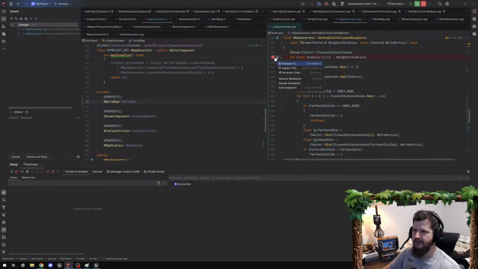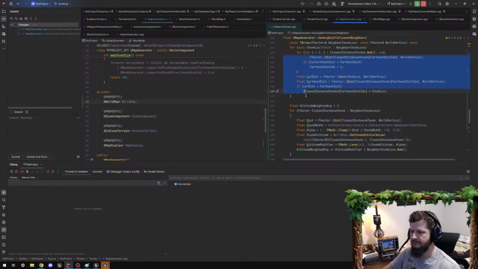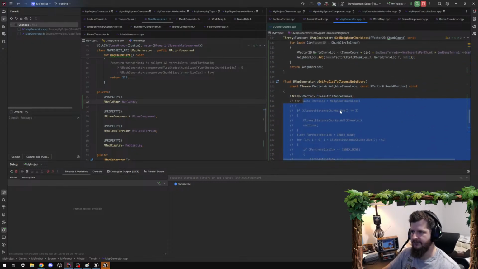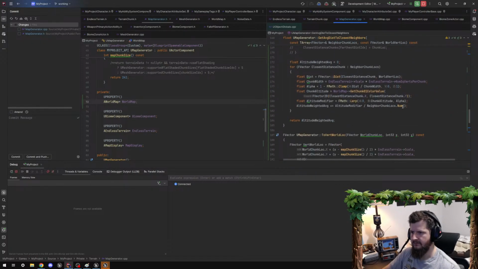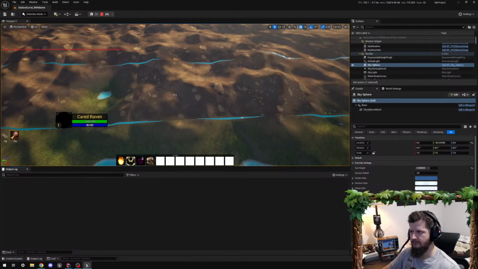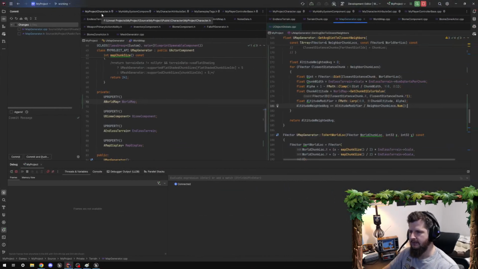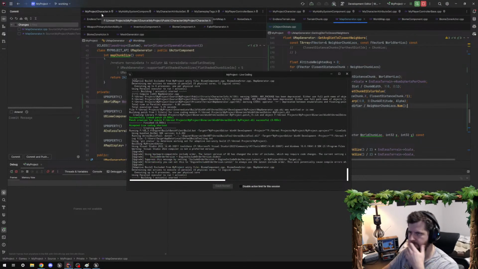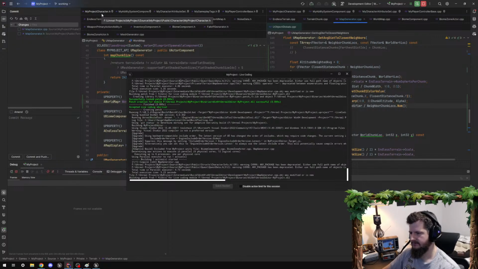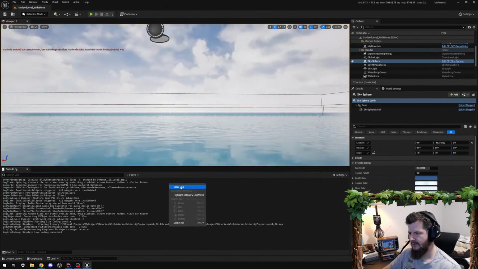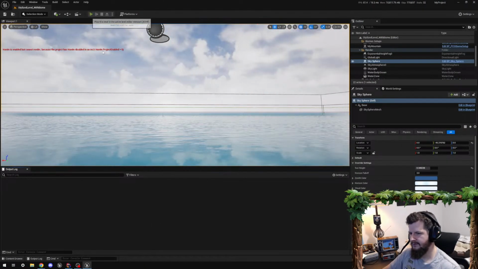I meant to comment that out actually. Let's just get the average distance of all of them. And then do I need to maybe find the max distance rather than assuming it's 12,000?